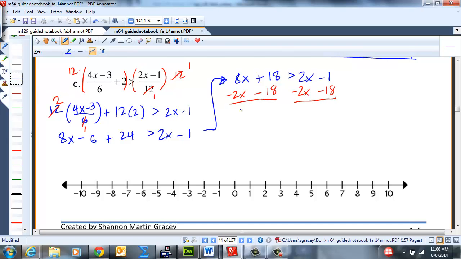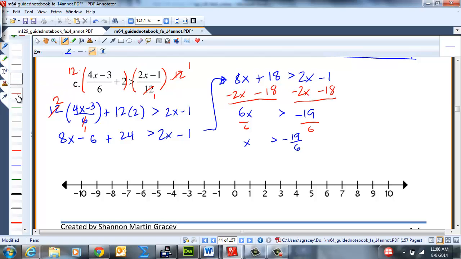We have 6x is greater than negative 19. Dividing by 6, we'll have x is greater than negative 19 over 6, which is about negative 3 1/6.